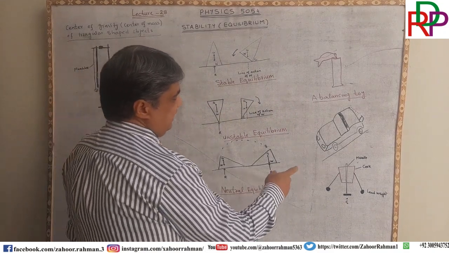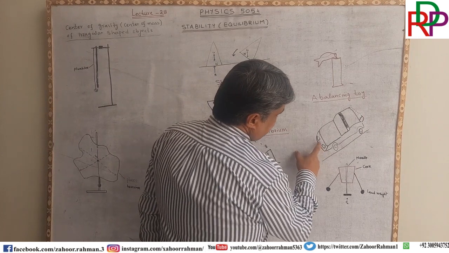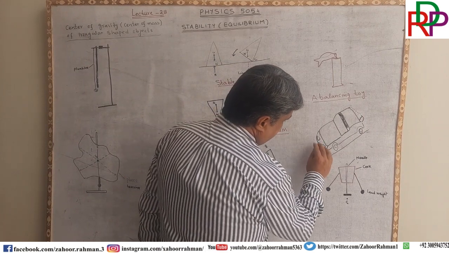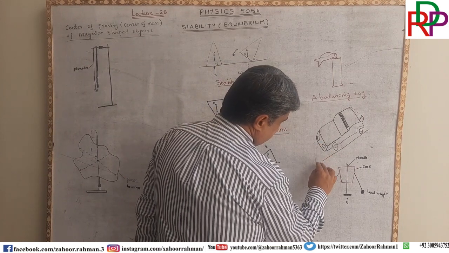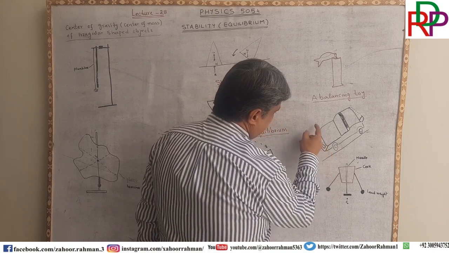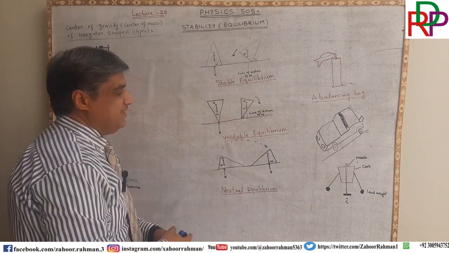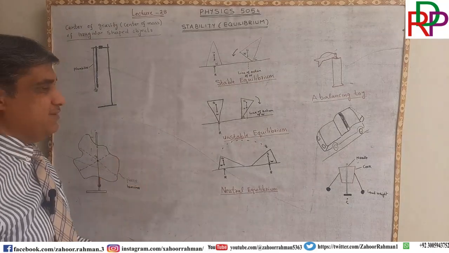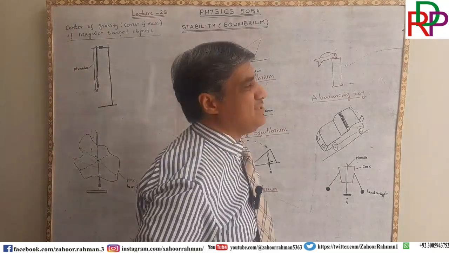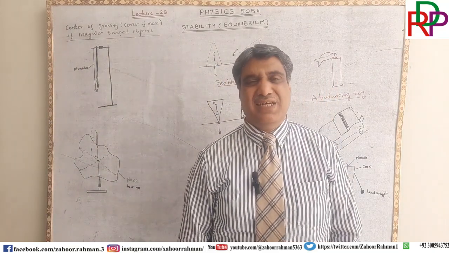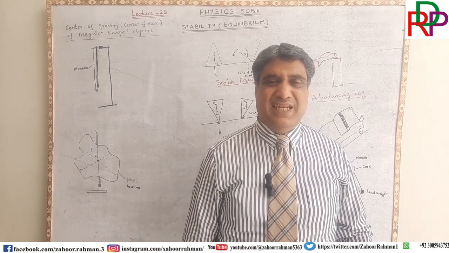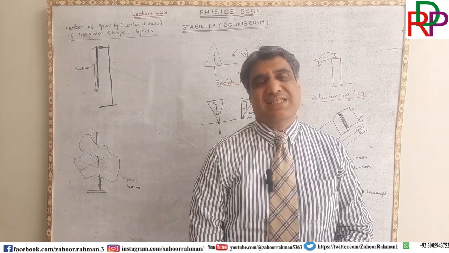So here one thing is the center of mass is lower, and the second one is the area is wide. If these two qualities are there inside any object, then it will remain stable.